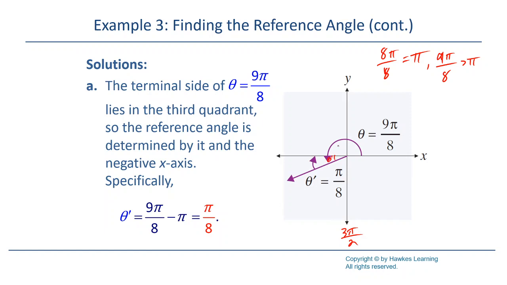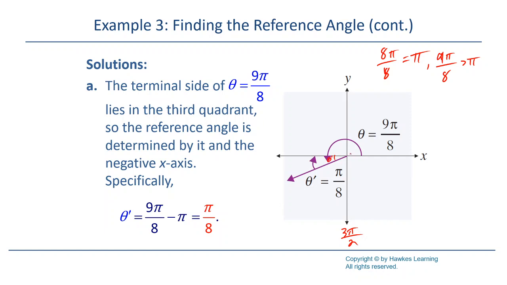If you were to turn your screen upside down, then this third quadrant would appear up here as if it were like the first quadrant. But the thing is, now you have this reference angle that's between 0 and pi over 2 radians, which makes it a little bit easier to work with, because now you can say, okay, well, this is very similar to if I was dealing with the angle pi over 8.